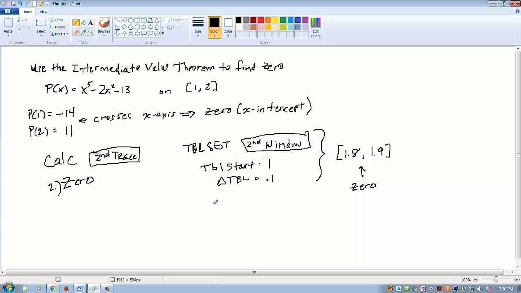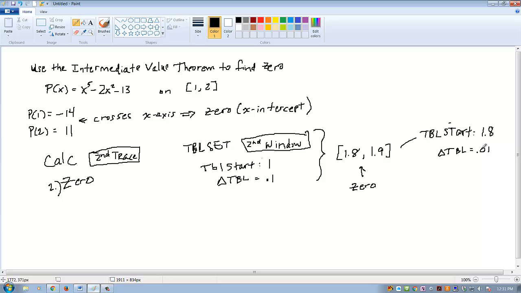And then you could go back to your table start and say, okay, now I'm going to set the table start to be 1.8, and my delta table is going to be 0.01.